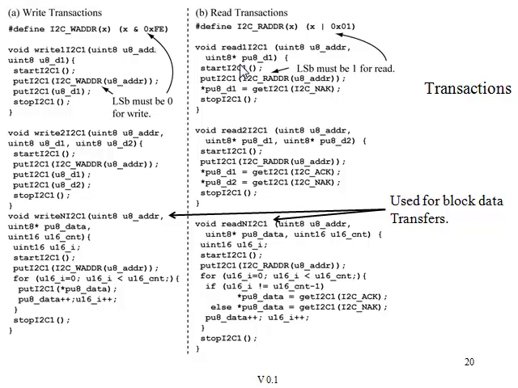In the case of a read, a start, putting out the address with the read bit set to a 1, getting data to be read with a no acknowledge, signaling the end of the read, and a stop. Armed with this knowledge, we're now ready to begin looking at a specific digital thermometer and interfacing to that.